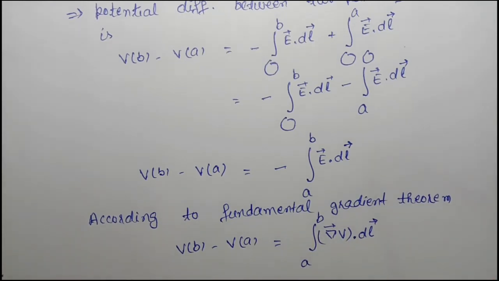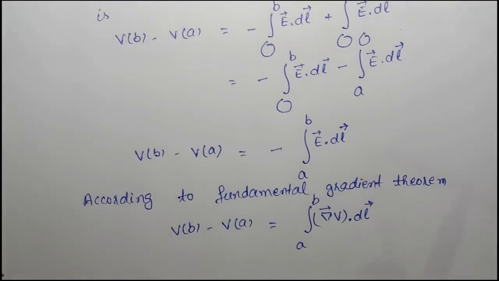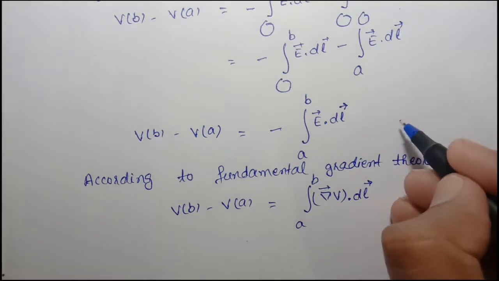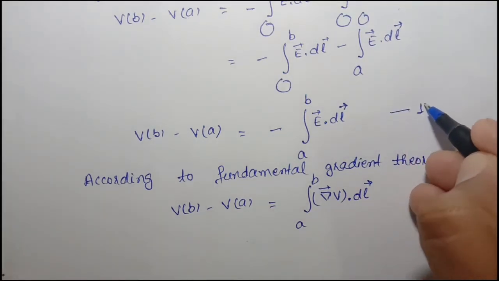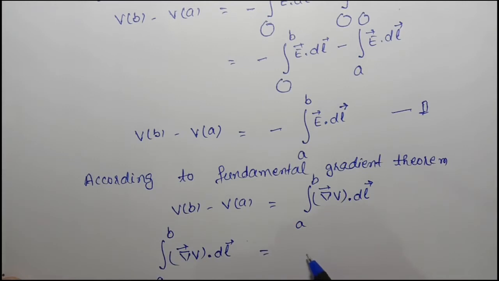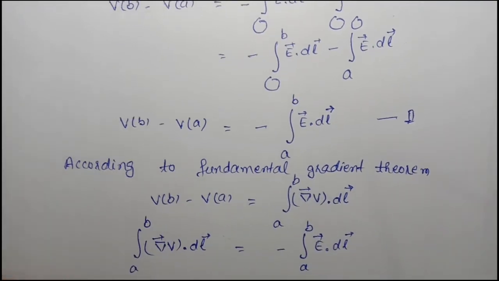So according to the fundamental gradient theorem, the potential difference between the 2 points A and B is equal to the line integral from A to B. Now substitute this value in the second equation, so we can write the integral of del V dot dl from A to B equals minus the integral of E dot dl from A to B.